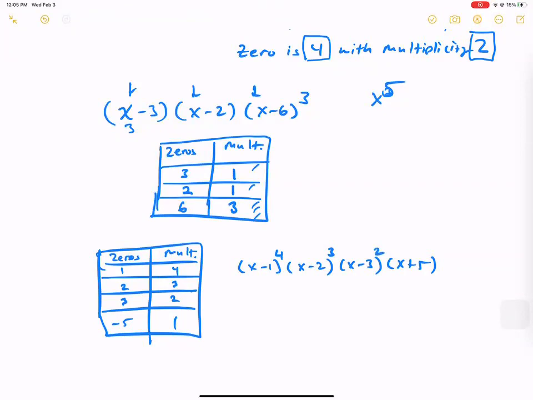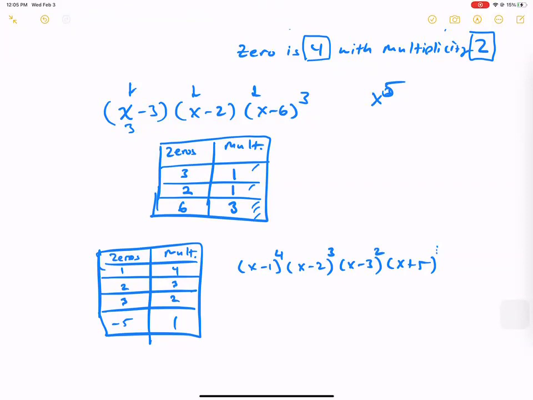Only once, and I don't need to write the 1 on top. On your homework, you'll be filling out tables, working from the tables, writing multiplicities, and going back and forth. That's probably the easiest part of this homework.